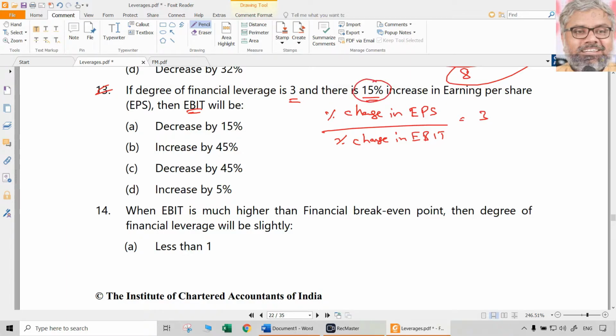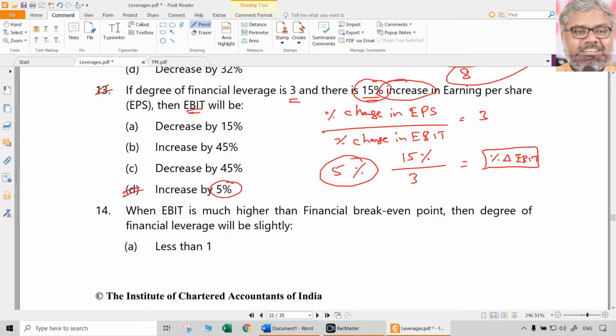A 15% increase in EPS is given. So 15% divided by 3 will be the percentage change in EBIT. That will be 5%. Naturally, if one increases, the other also increases when the leverage is positive. So here leverage is positive, which is 3 times. So an increase in EPS means the increase in EBIT would have happened by 5%. So the correct answer for the 13th question will be D.